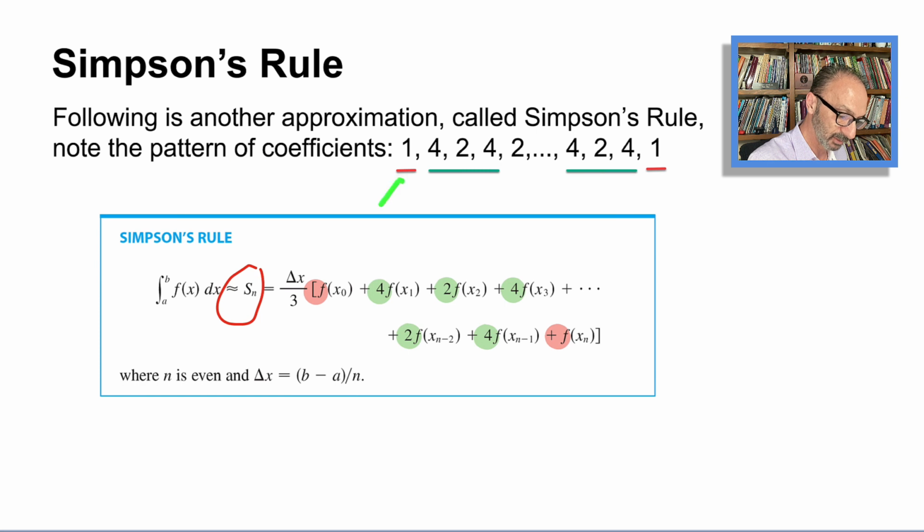I have 1 at the front and at the end for f of x sub 0 and f of x sub n, and inside it goes 4 to 4 all the way and keeps repeating till the end. So it starts with 4 and ends up with 4, eliminating the first term and the last term, and alternates between 4 and 2. Something to keep in mind.